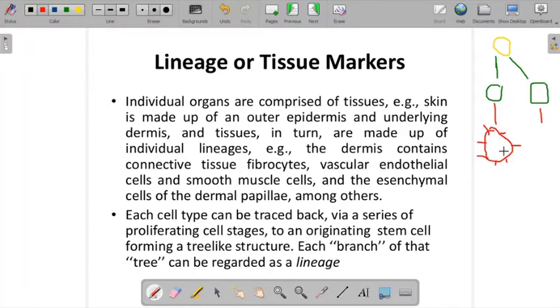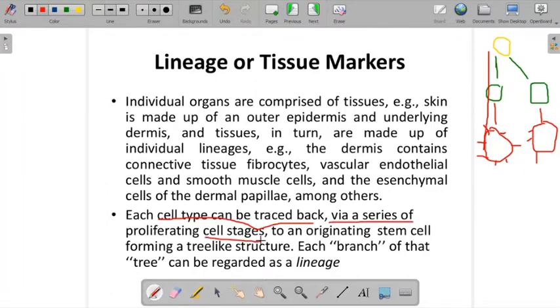With the help of these surface peripheral proteins, we can manufacture tissue markers or cellular markers, so that we come to know which lineage a cell belongs to. So this is the basic idea: each cell type can be traced back via a series of proliferating cell stages.